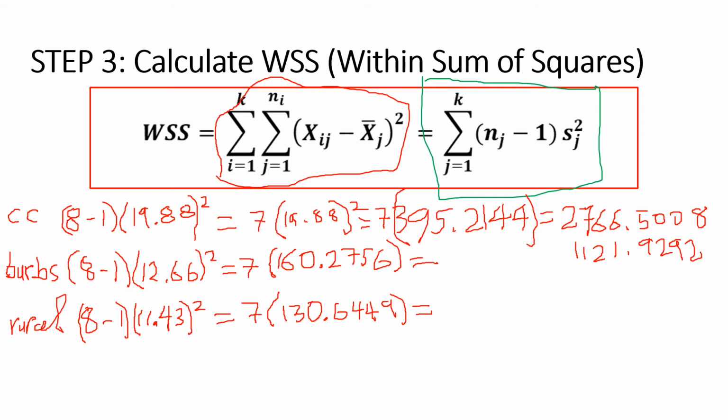Then we multiply that times 7, which gives us 914.5143. I'll write that over here.